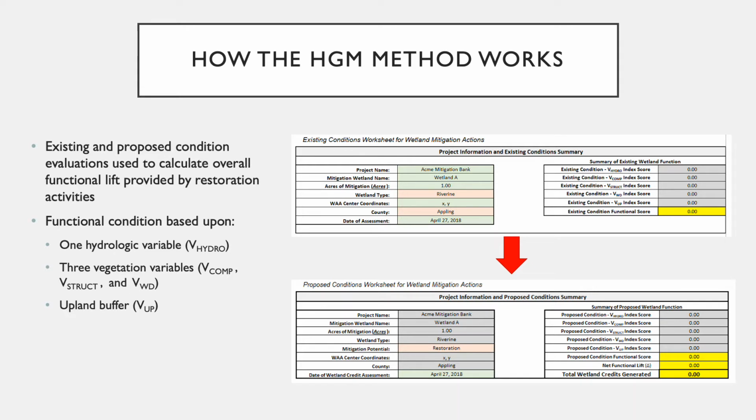The Georgia HGM relies upon one hydrologic variable, continuous saturation, 3 vegetative variables, wetland vegetation composition, VComp, wetland vegetation structure, VStruct, and large woody debris, VWD. It also takes into account the condition and coverage of the upland buffer.